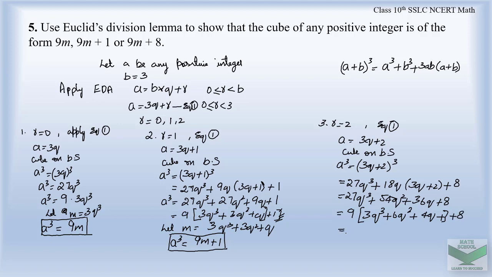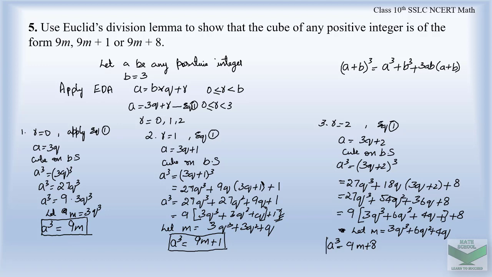Okay, so let us assume let m is equal to this value 3q cube plus 6q square plus 4q. So substituting the m value in this equation, we will get a cube is equal to 9m plus 8.